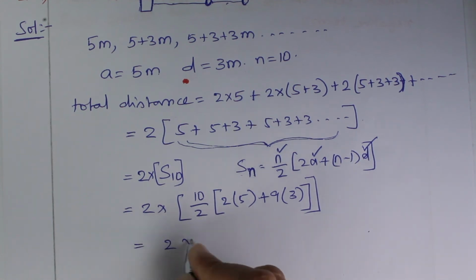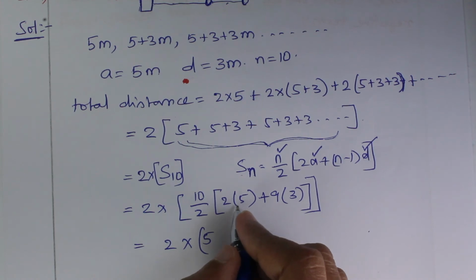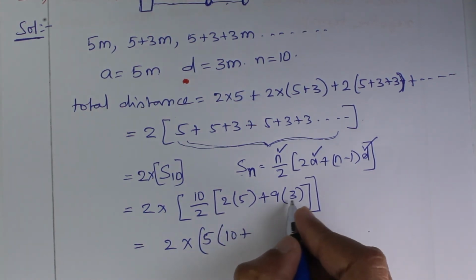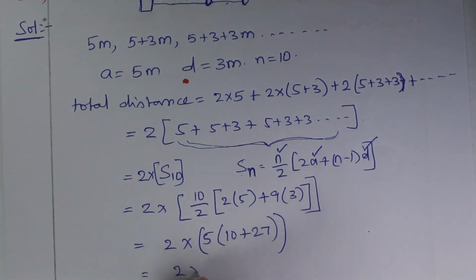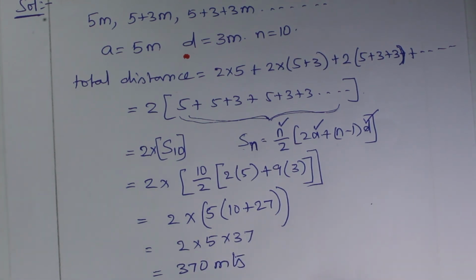That is equal to 2 into 10 by 2 is 5, 5 into 5 2s are 10 plus 9 3s are 27. That is equal to 2 into 5 into 37. That is equal to 370 meters. So the total distance travelled by the competitor is 370 meters.